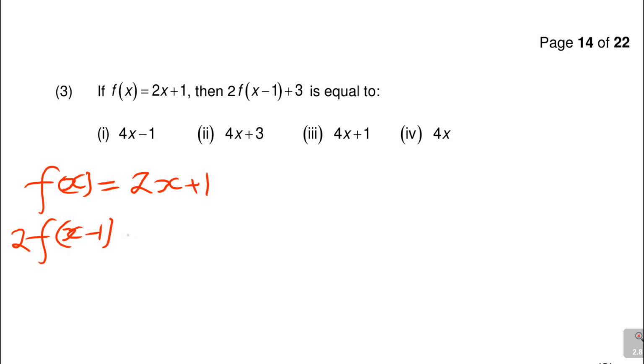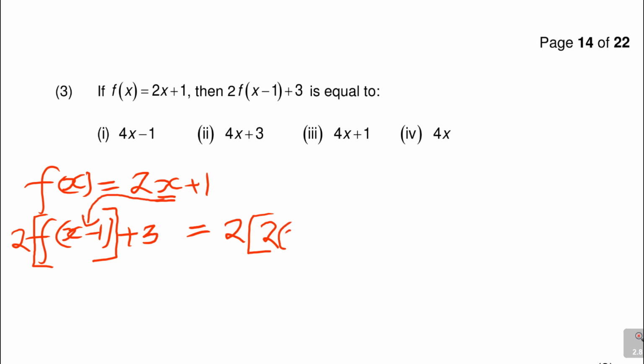Okay, that was plus 3. Alright, which is equal to, look, the 2 is multiplying here, not the 3. So you're going to write it like this, 2, like this. Where there is f of x, remember f of x is 2x plus 1, but where there is x, you put what they put as the new one. You substitute there. So 2x minus 1.